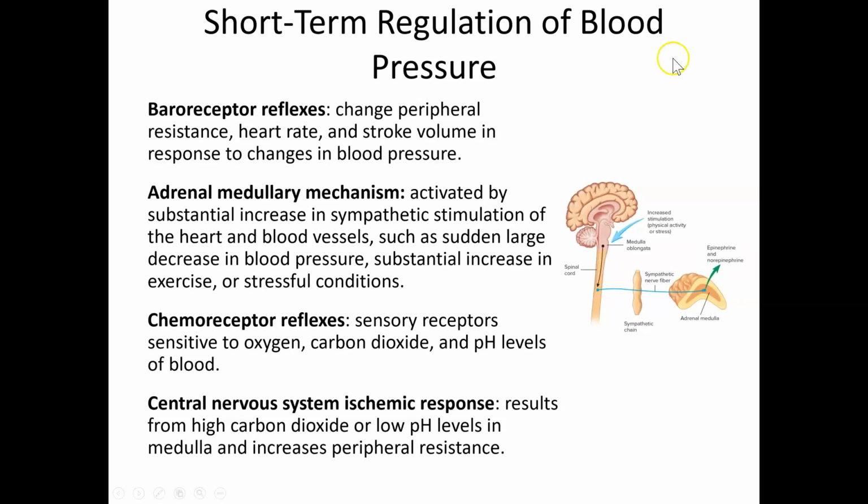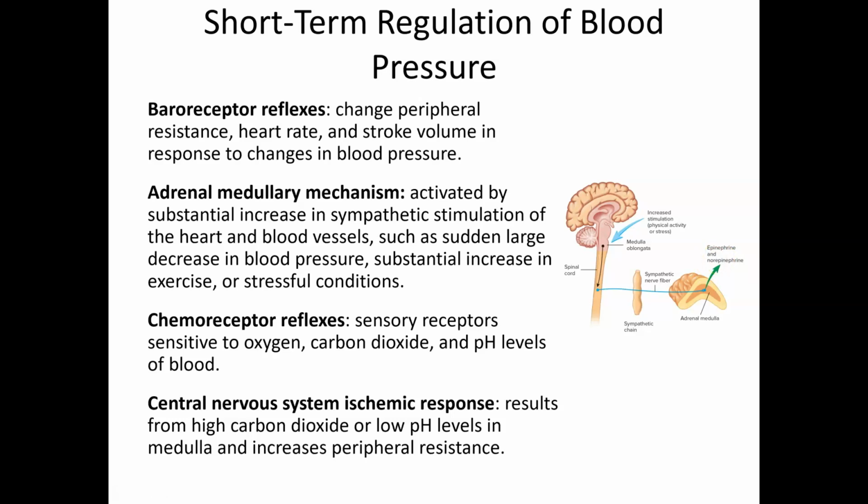So at this point, we are going to have increased stimulation. Let's say we're exercising, and that tells our centers in our medulla oblongata to send a signal down our spinal cord and out our sympathetic nerve fibers to our adrenal medulla in order to release epinephrine and norepinephrine.